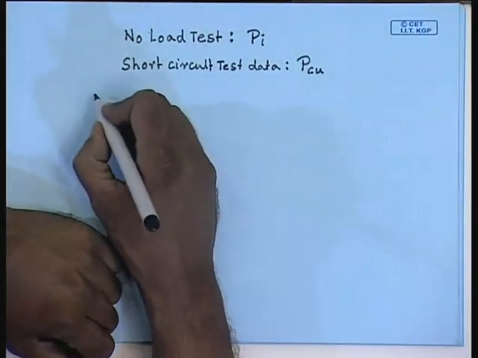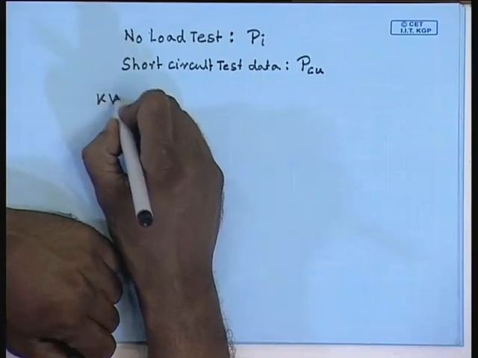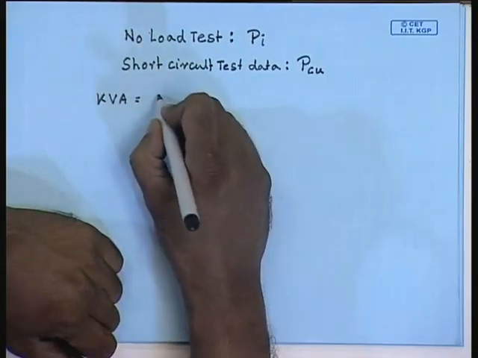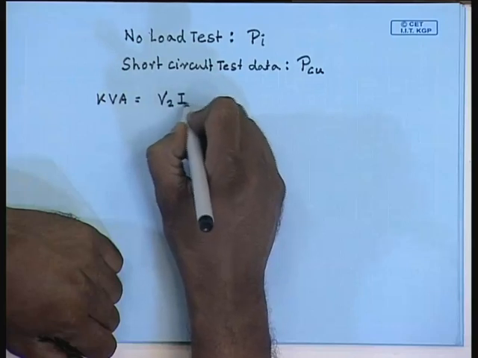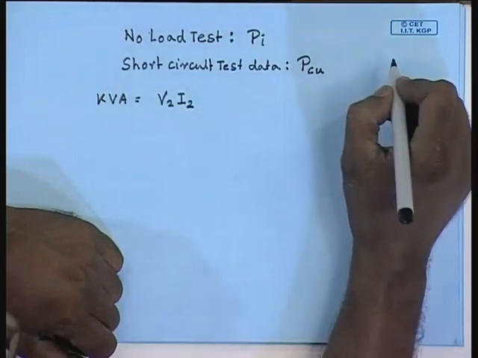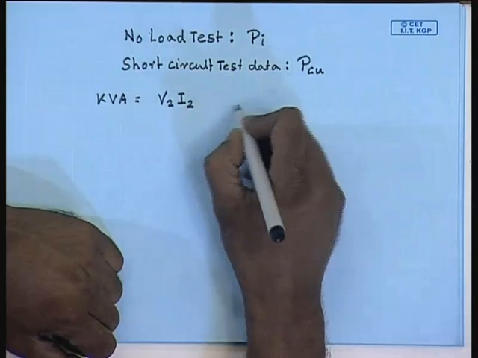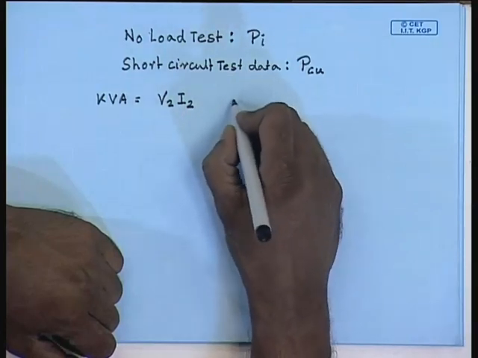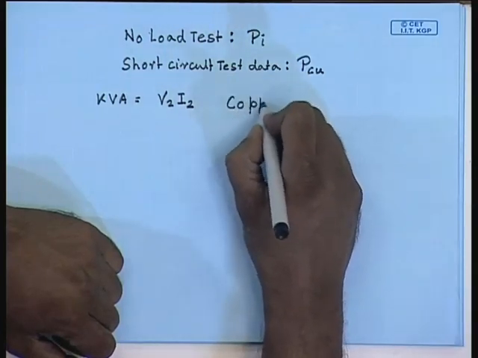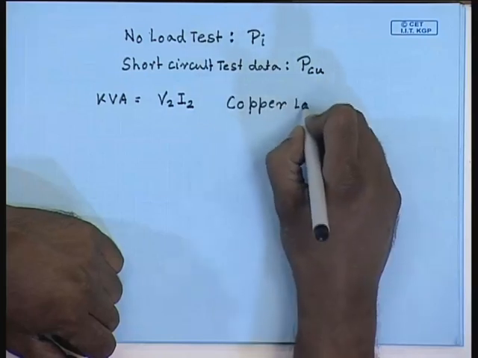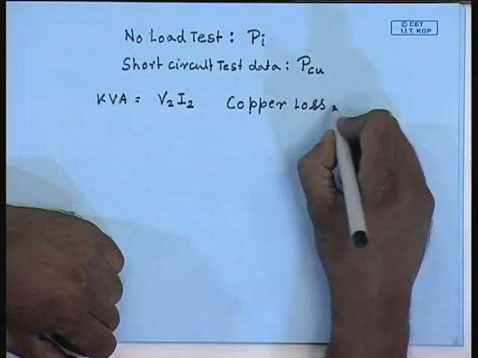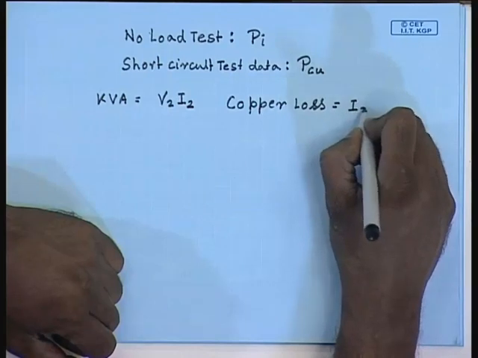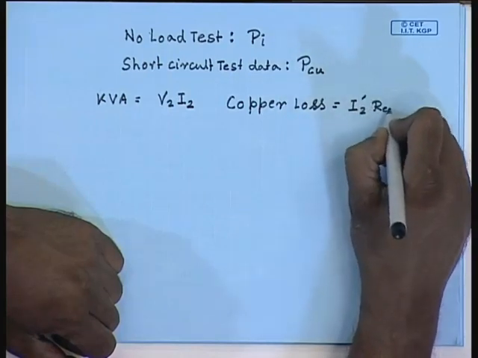The kVA load on a transformer is equal to V2 I2 at any load current I2. The corresponding copper loss is equal to I2 square Req dash.